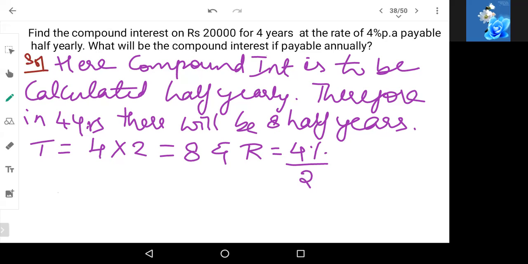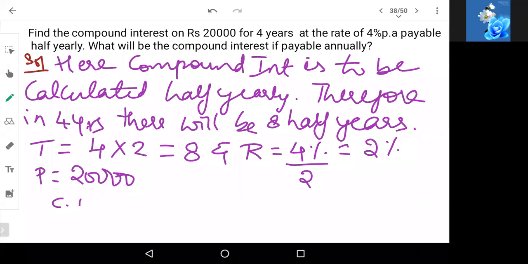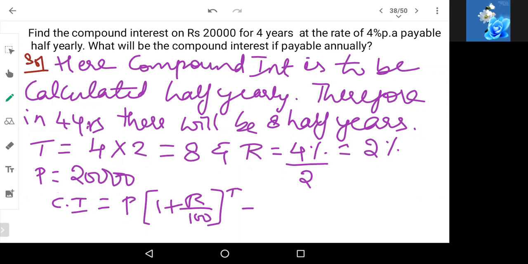So for every 6 months, how much percent? 2%. And what is the principal? 20,000. Now let us use the compound interest formula. Same formula, P into 1 plus R by 100 to the power T minus P.